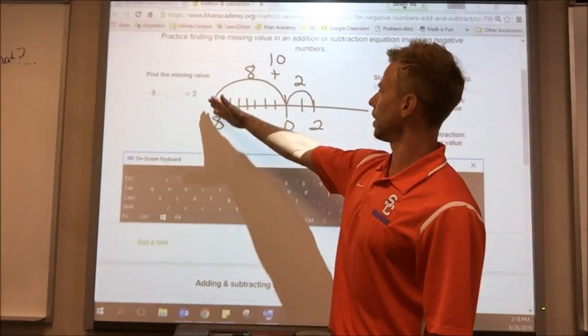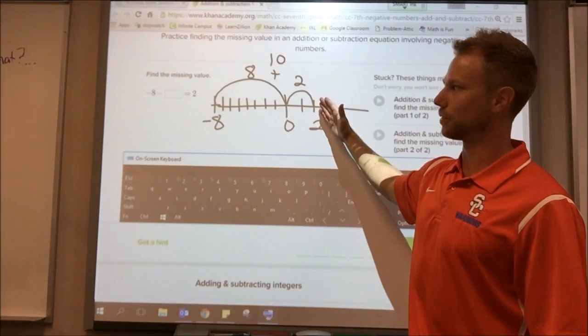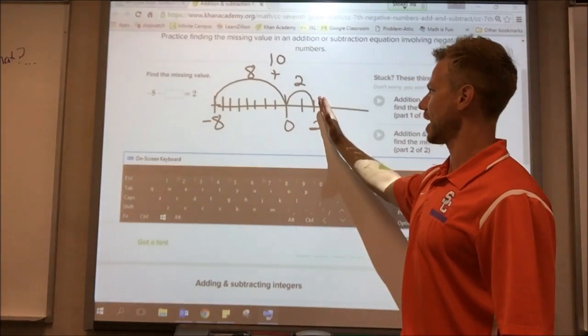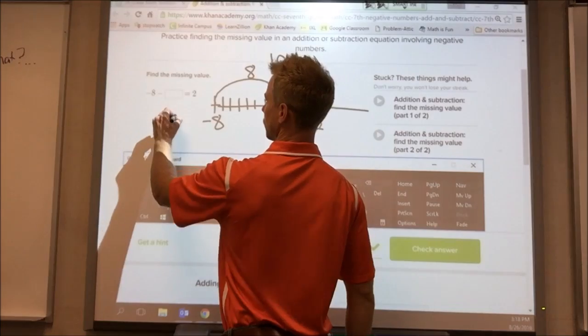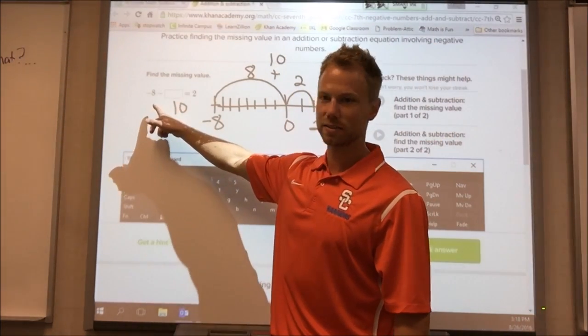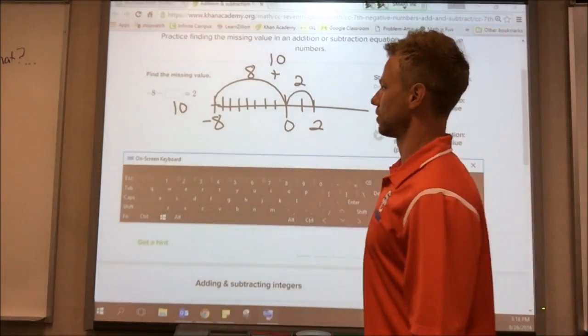Now I went in the positive direction. I went to the right, which is the positive direction. So that means from -8, I need to be adding 10. So I need a positive 10 in there. But this minus in front of the 10 kind of messes things up.